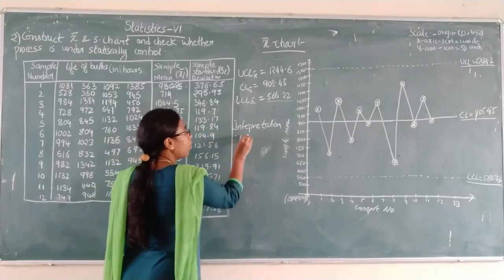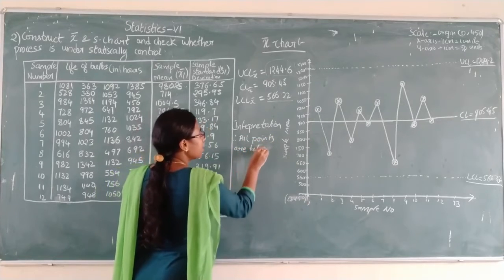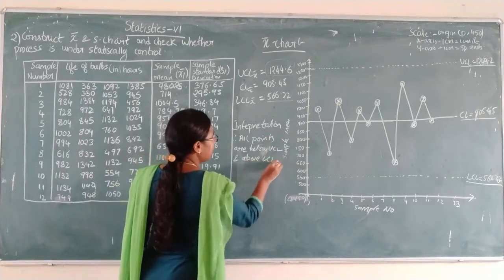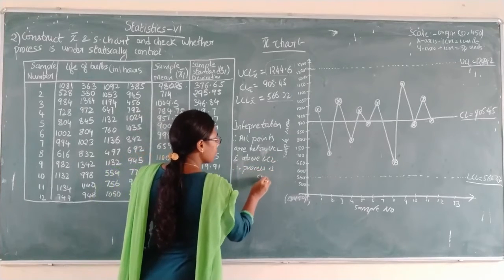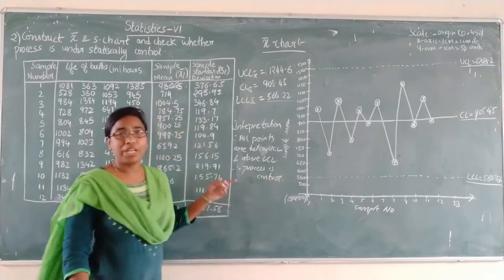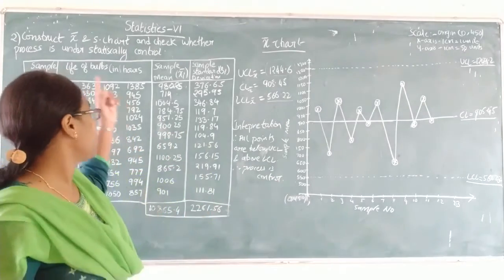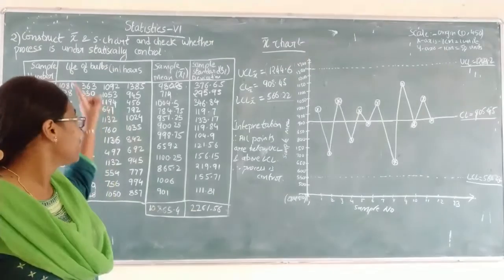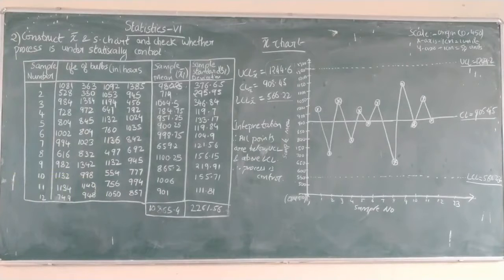Therefore, all points are below UCL and above LCL, so the process is controlled for the mean chart. Now we have to check whether the process is controlled for the S chart, that is the standard deviation chart. If both are controlled, then only the process is statistically controlled. Now we'll move on to the second chart, that is the standard deviation chart.